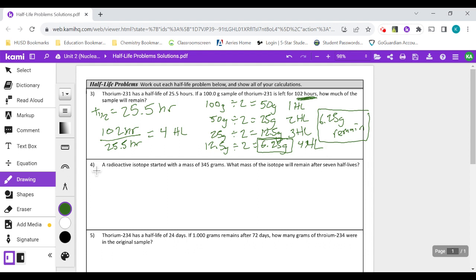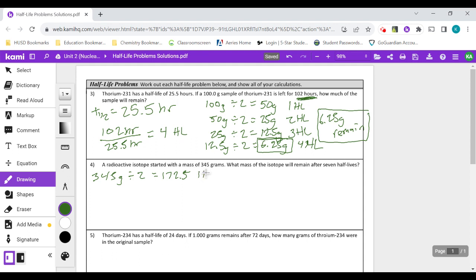So if we have 345 grams and we divide that by 2, that's going to be, get my handy dandy calculator out, 345 divided by 2, 172.5, okay?